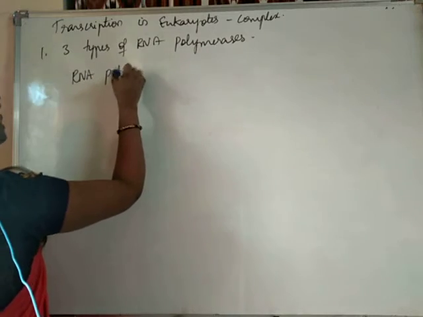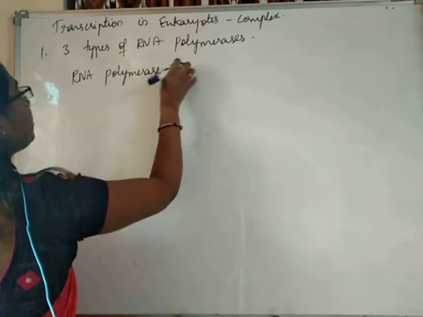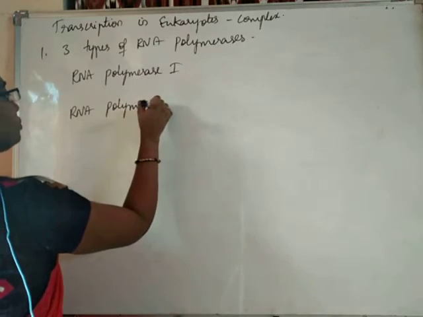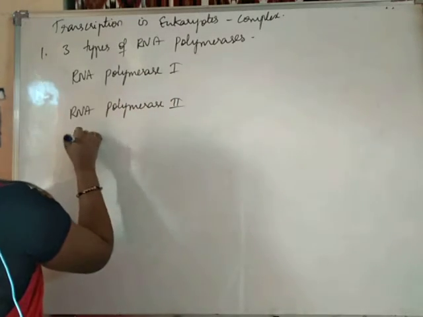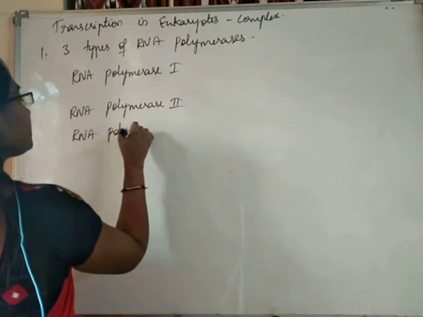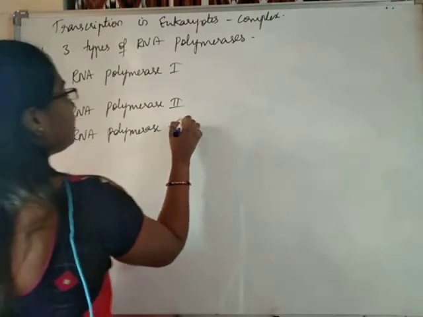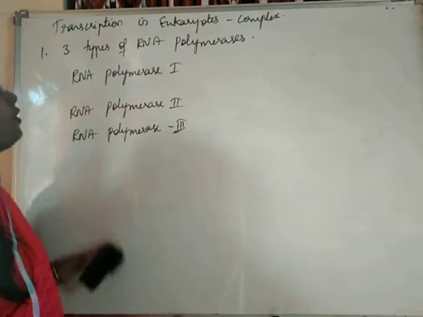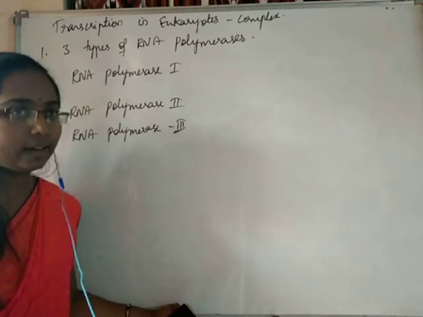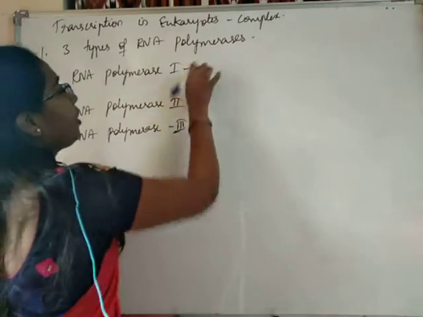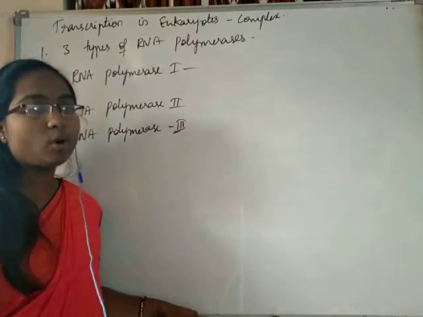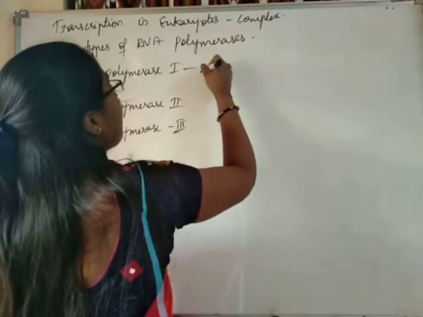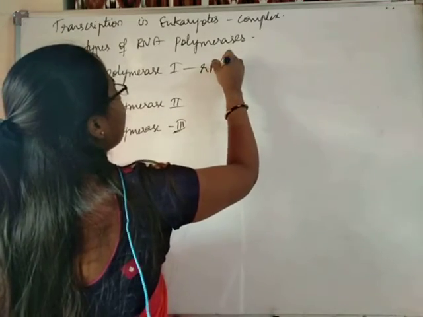Those 3 types are RNA polymerase 1, RNA polymerase 2, and RNA polymerase 3. These are the 3 types of RNA polymerases involved in the transcription of eukaryotic RNA. RNA polymerase 1 is involved in the transcription of rRNA.